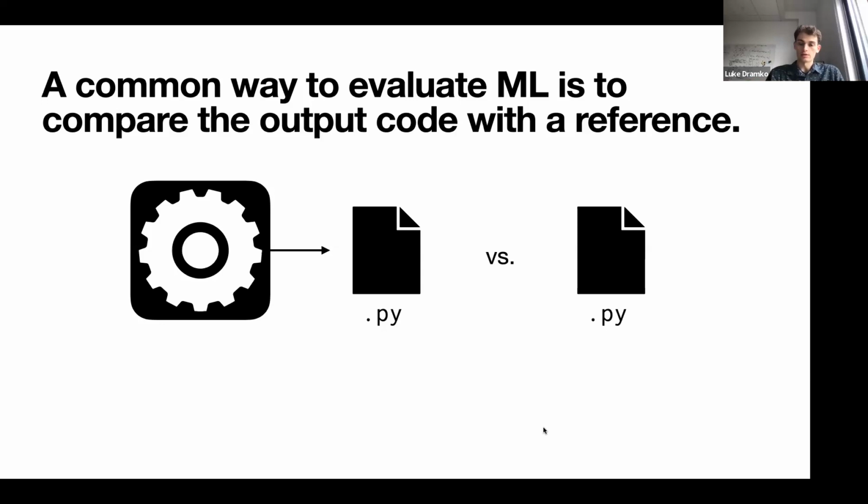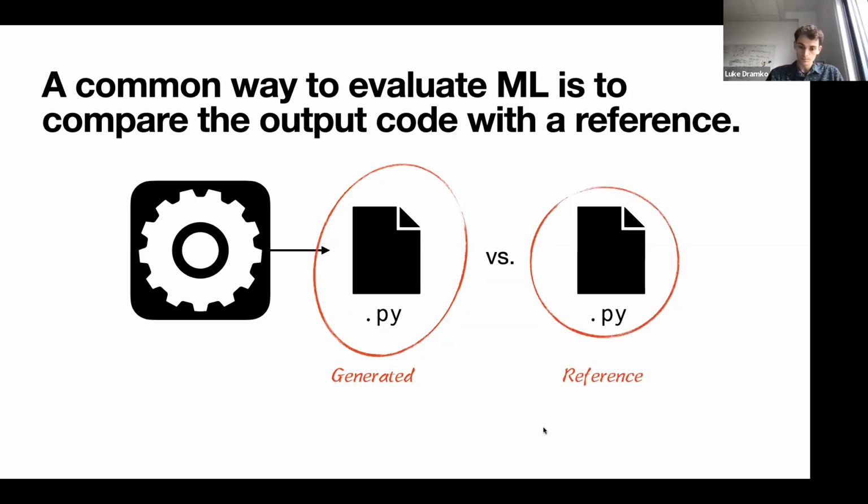Generally, this evaluation falls into the same schema. The machine learning model generates a prediction, which we call the generated code, and then that's compared against some known correct solution, which is called the reference code.